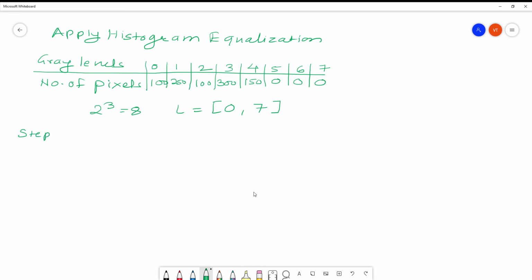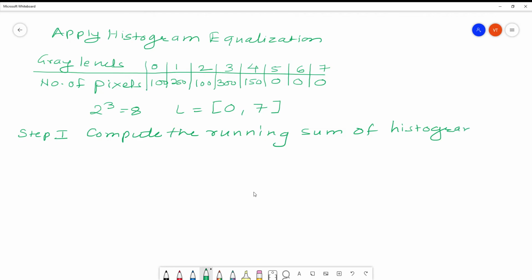Step 1 is compute the running sum of histogram values.